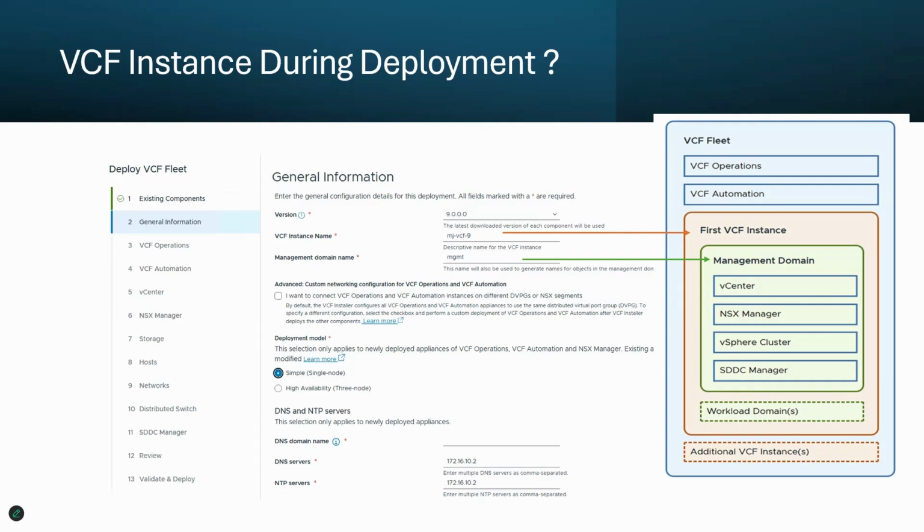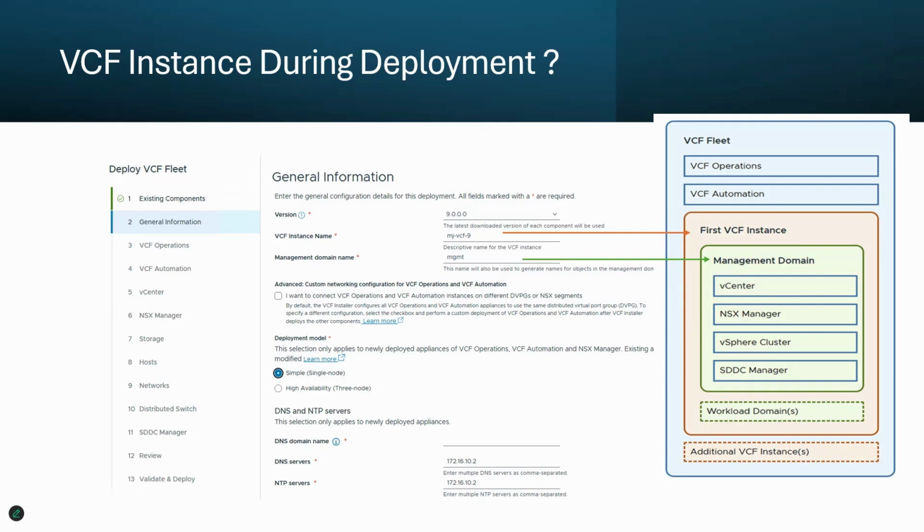So the management domain is not just a concept. It is the first thing we configure when deploying the first VCF instance. Here I have drawn arrow lines from the VCF instance name to the architectural definition of the first VCF instance, and one more arrow pointing from my management domain to the management domain in the architecture diagram.